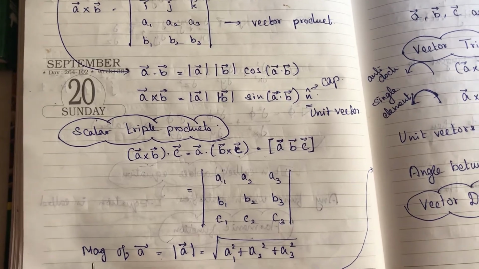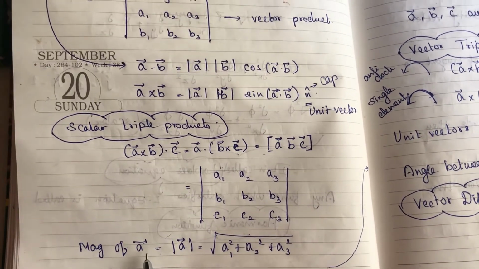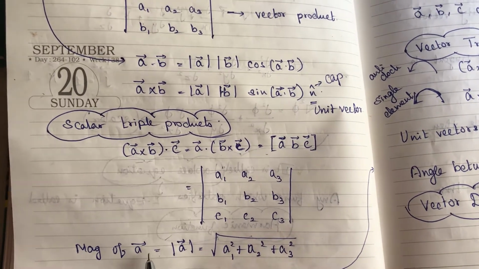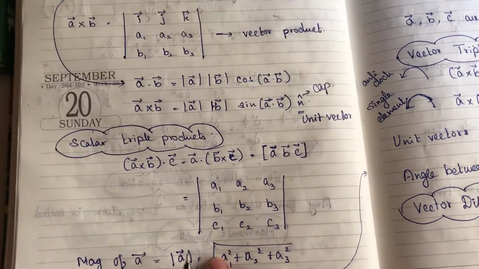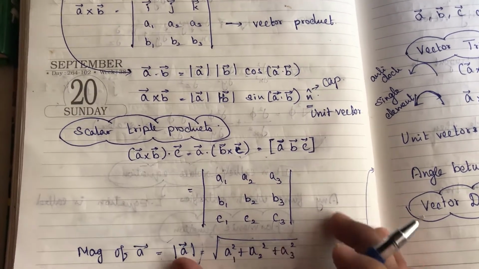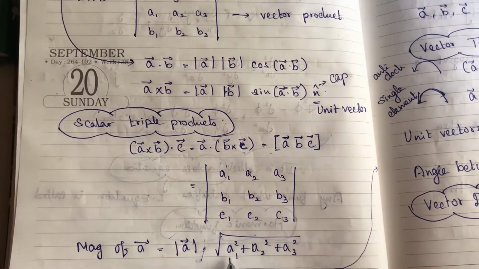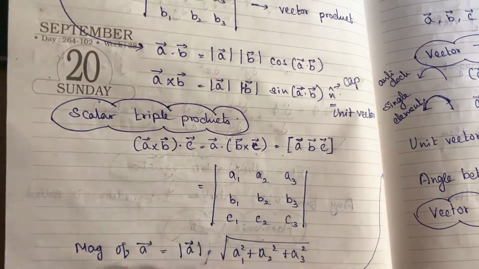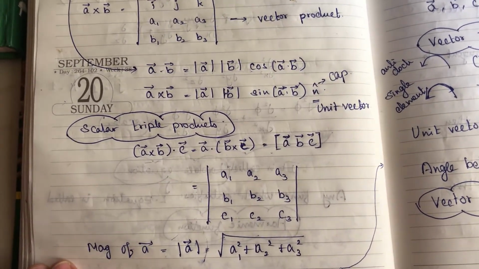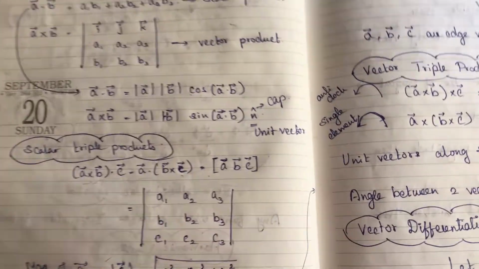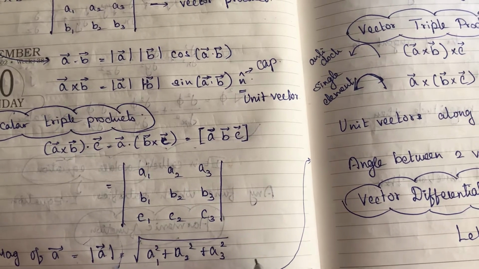Right? What is the magnitude of A vector? I need to find the magnitude of A vector, which is nothing but the modulus of A. Modulus of A means what? I need to square each magnitude here: A1 square plus A2 square plus A3 square. So this will be done with the root, right?